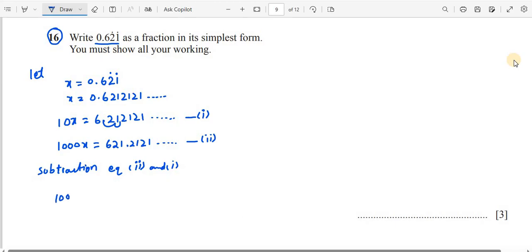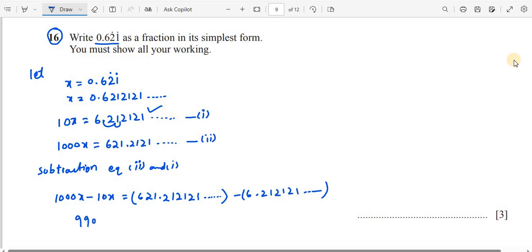So 1000x minus 10x is equal to 621.2121, and so on, minus 6.2121, and so on. 1000x minus 10x is equal to 990x. 621 minus 6 is equal to 615. The recurring 21 minus 21 is equal to 0.